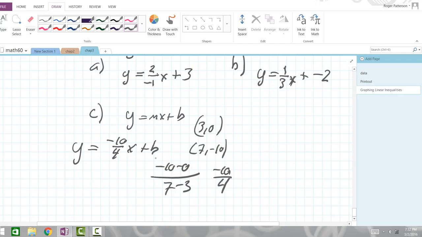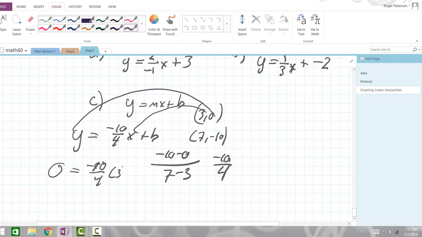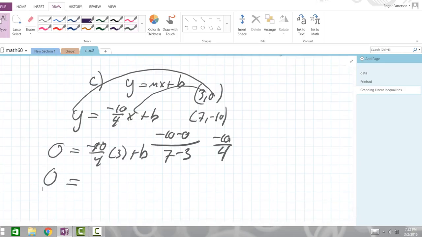Now all I have to do is find the y-intercept. How do I find the y-intercept? Pick a point. What if we put 3 here? Put 0 there. 0 equals, see, negative 10, this would be negative 30 over 4.